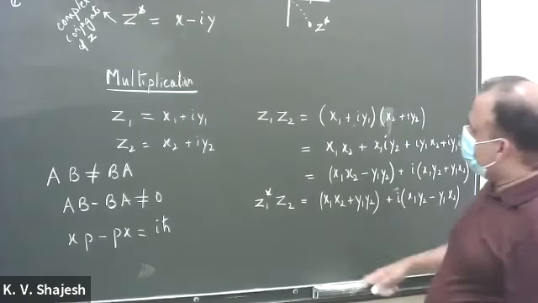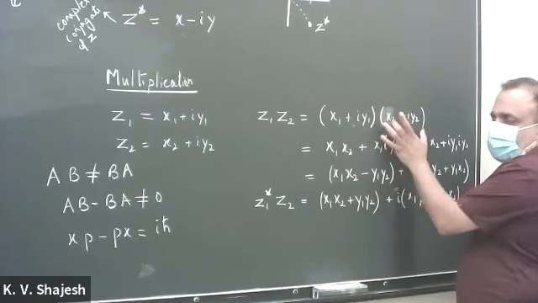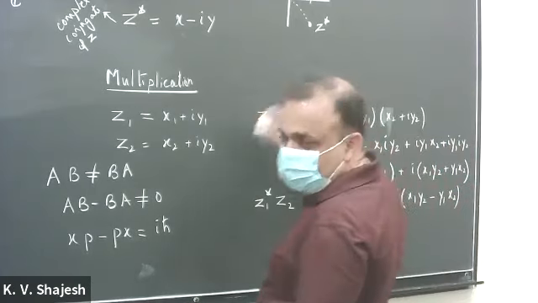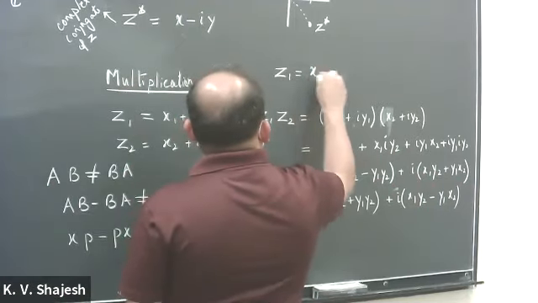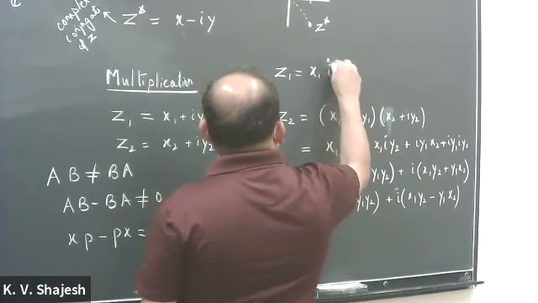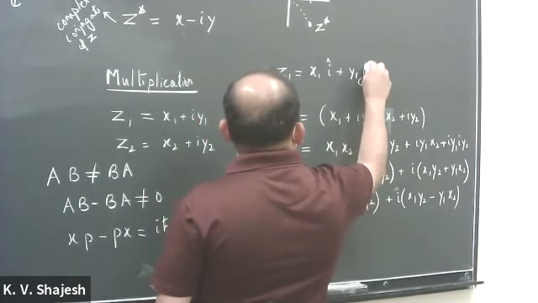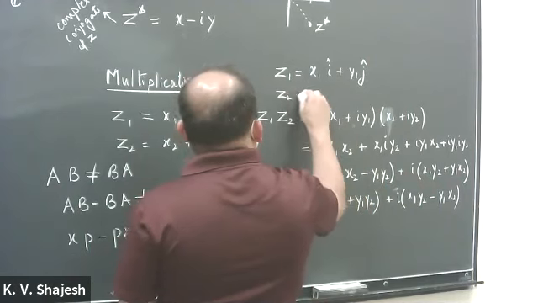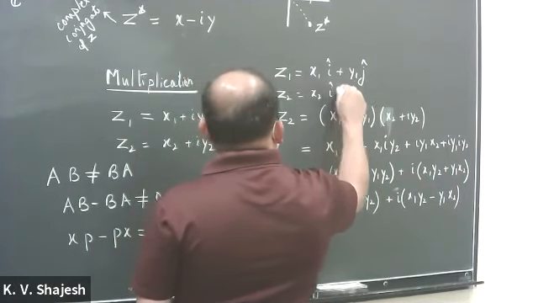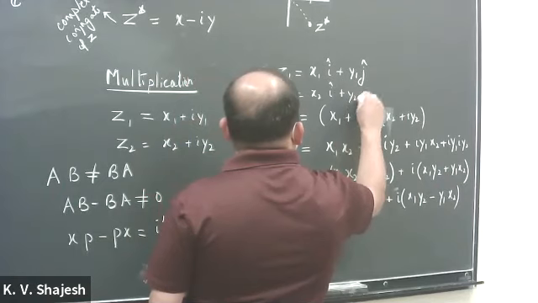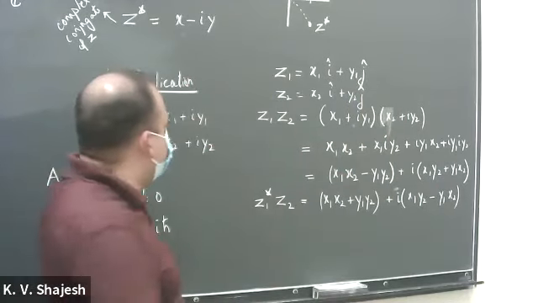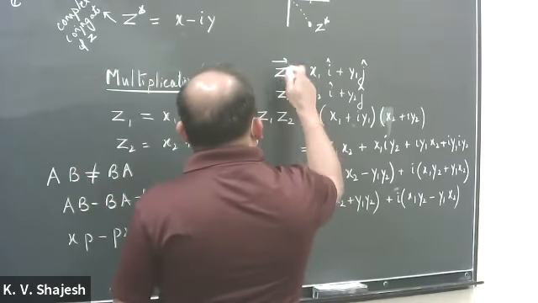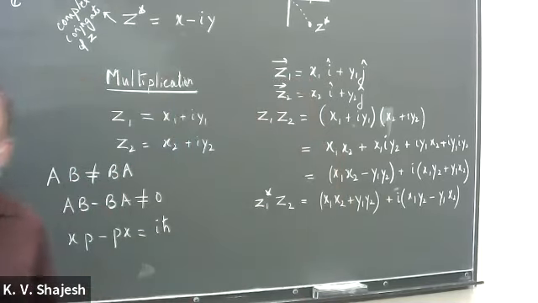But now let's say these are vectors, right? This is one vector, that's the second vector. Z1 is equal to x1 i hat plus y1 j hat, and Z2 is equal to x2 i hat plus y2 j hat. I'm again writing this with the same variable, but it is understood that Z1 and Z2 are vectors now, correct?